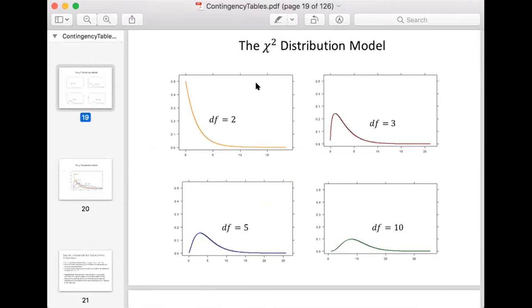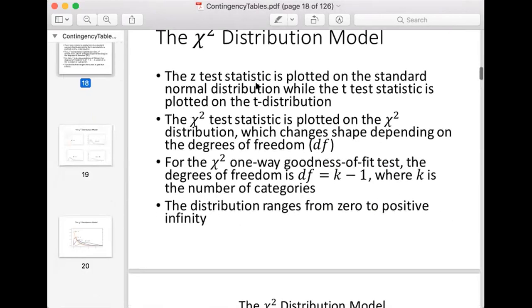For the one-way goodness of fit test, you calculate degrees of freedom by taking k minus 1, where k is the number of categories. For the two-way chi-squared test for independence, you take the number of rows minus 1, multiplied by the number of columns minus 1.